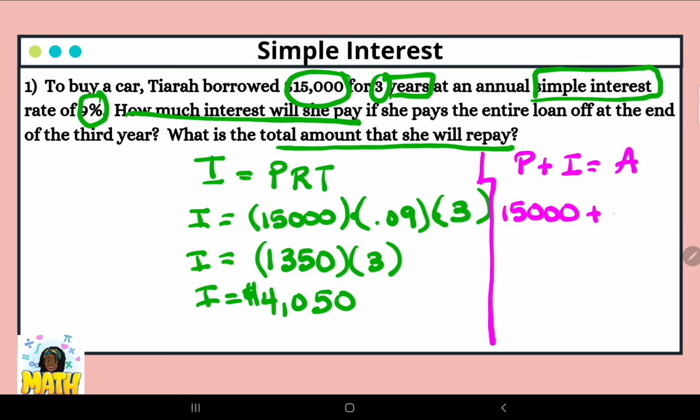We're adding the interest we calculated of 4,050, and that will give us our final answer of $19,050. So this is the answer for the second part of the question, $19,050, and the interest amount is $4,050.